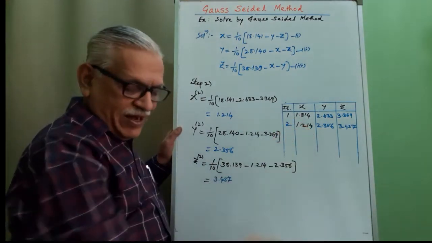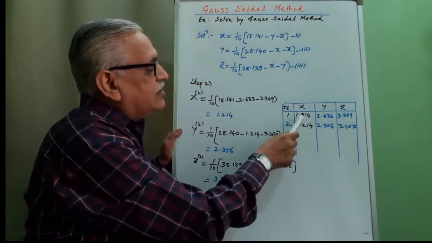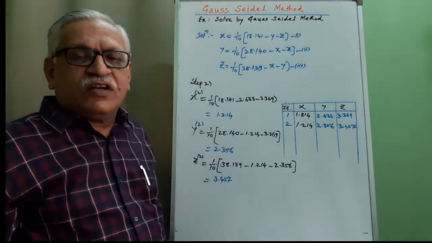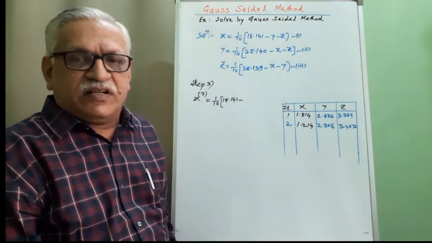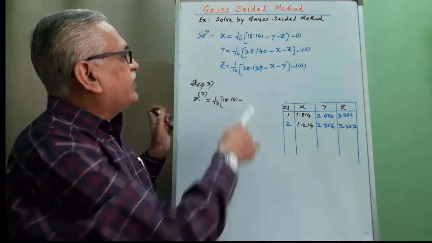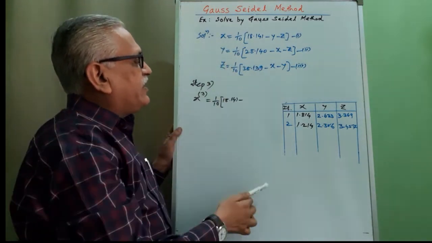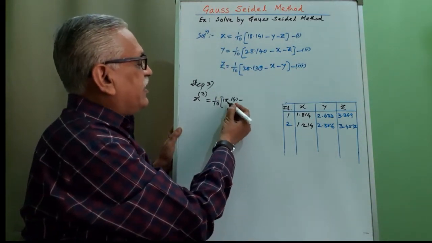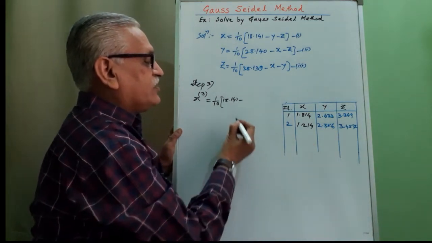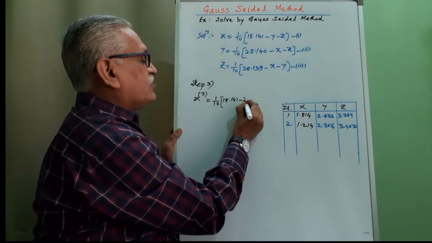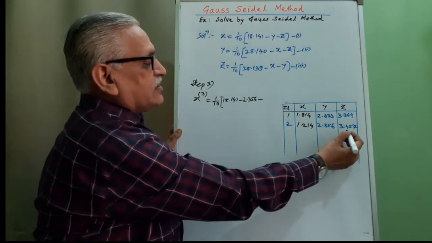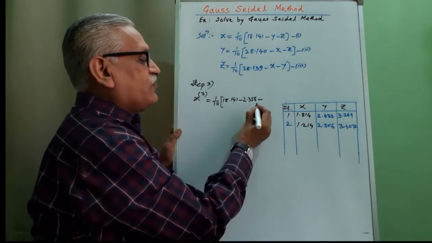And if you observe the values, they are not equal or nearly equal, therefore we have to go for step number 3, iteration number 3. Once again applying the same three equations, we get x3 is equal to 1 by 10 times 18.141 minus y, latest value of y is 2.356, and minus z, latest value of z is 3.457.